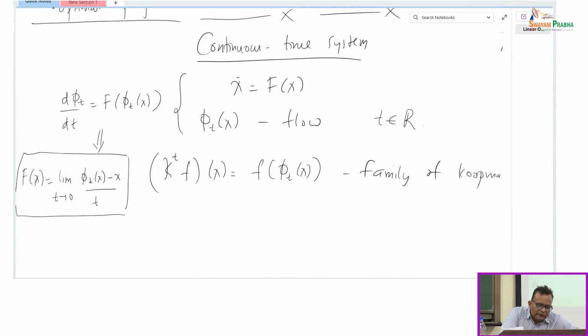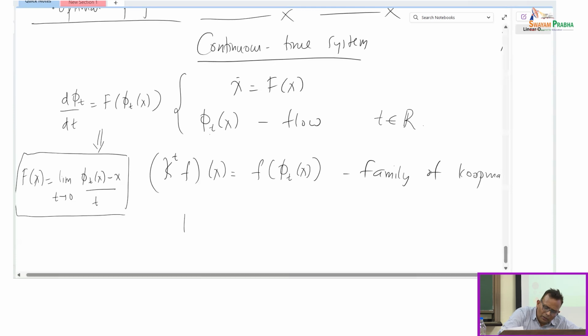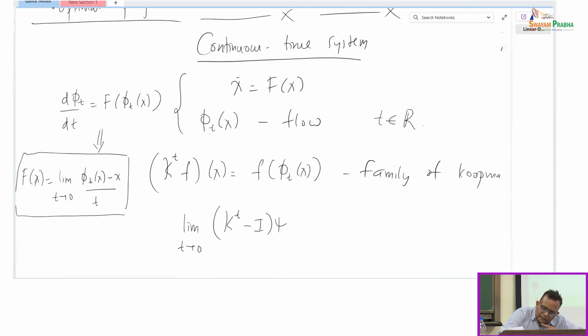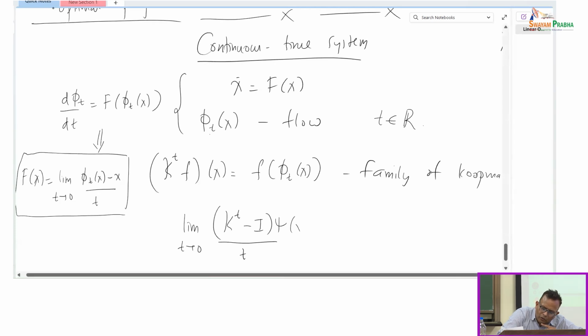Now replace this phi t with kappa t. So kappa t is also a flow. If you think about it, it's a flow in the space of functions. So I could do the limit as t goes to 0 of kappa t minus identity acting on some function, let's say psi, divided by t.